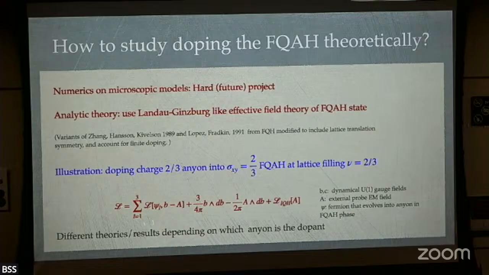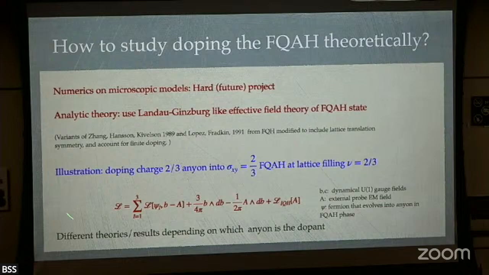And this field is electrically charged. It couples to the external electromagnetic gauge field, but it also couples to an internal dynamical U(1) gauge field, which I'm calling b. And this b has a Chern-Simons Lagrangian, and this b is also coupled to the external electromagnetic field. The last term just represents an integer quantum Hall response.